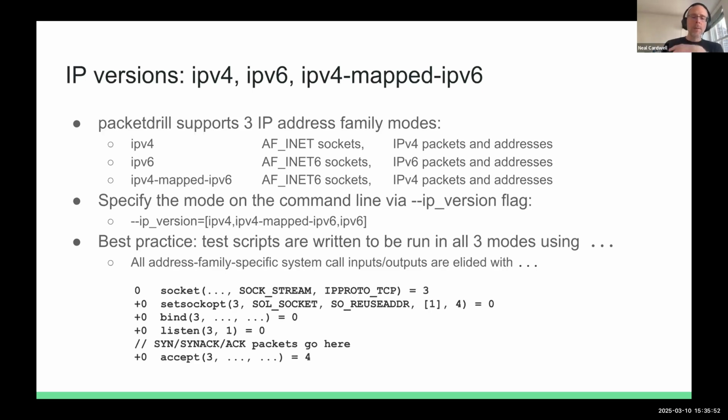In that way, this code snippet here can be run in any of these modes, and your test infrastructure will generally run a given script using all 3 modes. And there is a test orchestrator with the Packetdrill distribution that does just that.